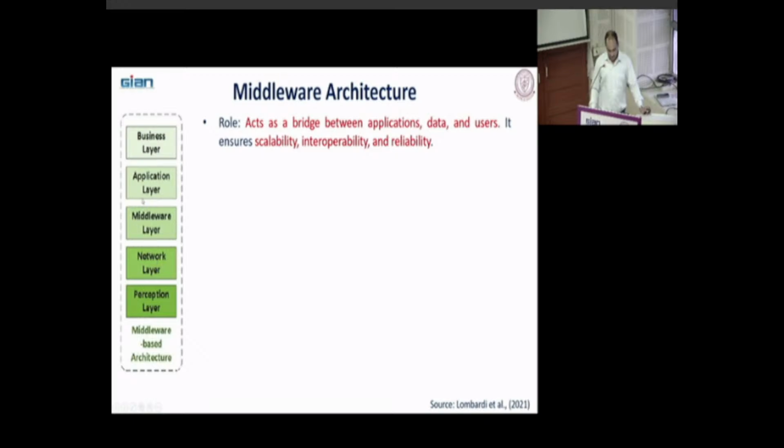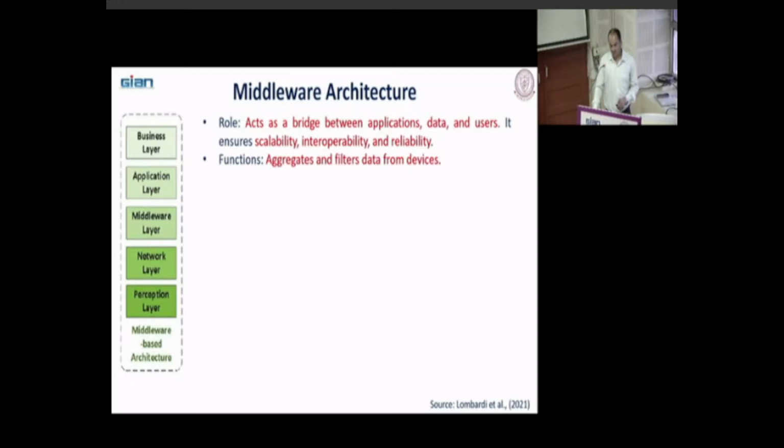It ensures scalability, interoperability, and reliability of the IoT. Scalability, as I said, means your IoT platform should handle the increasing number of devices and applications. So middleware helps with scalability, interoperability, and reliability.